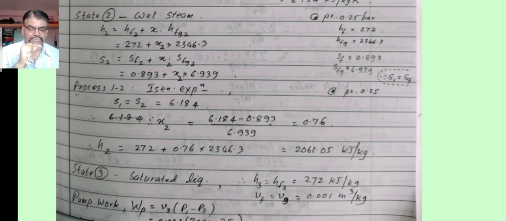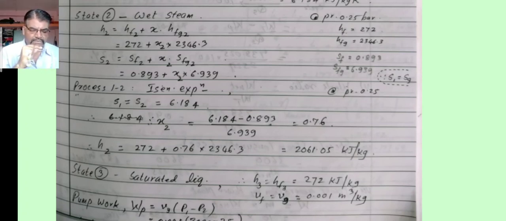By putting in the values of HF2 and HFG, we can calculate X, the dryness fraction. For that, first we write the formula again: entropy S2 is equal to SF2 plus X2 into SFG2. From the steam table we can get the values of SF and SFG.